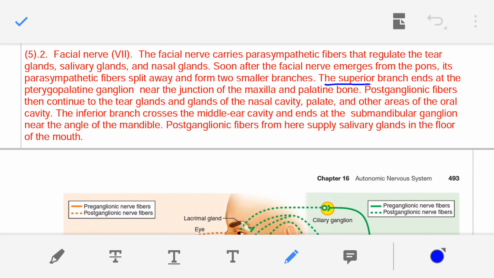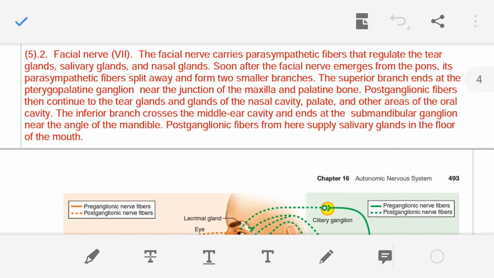Now the superior branch ends at the pterygopalatine ganglion. Where is the superior branch ending? It is ending at the pterygopalatine ganglion.